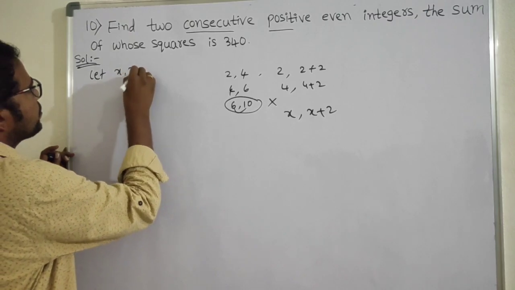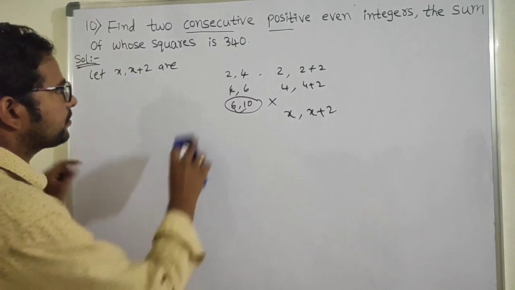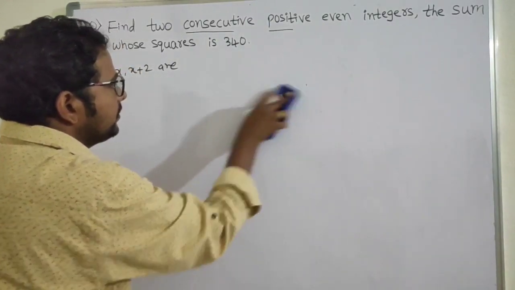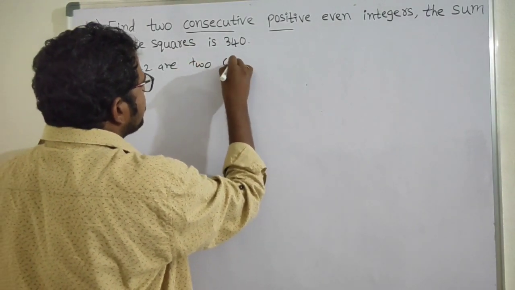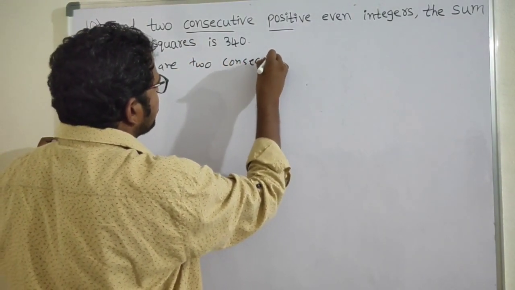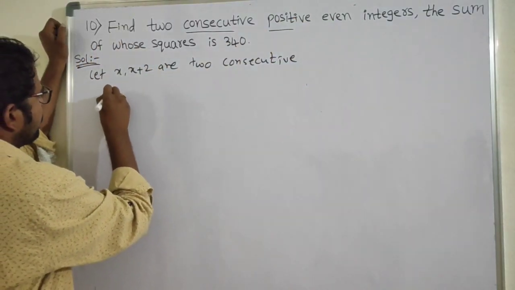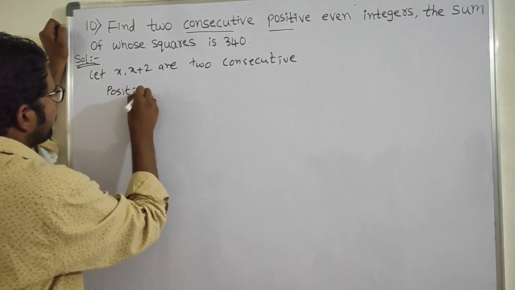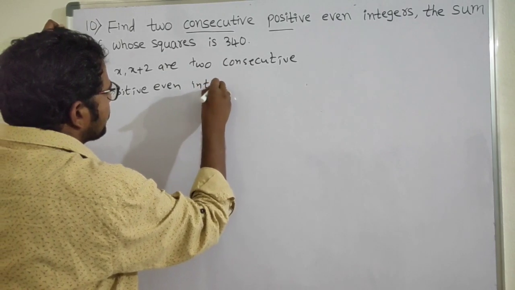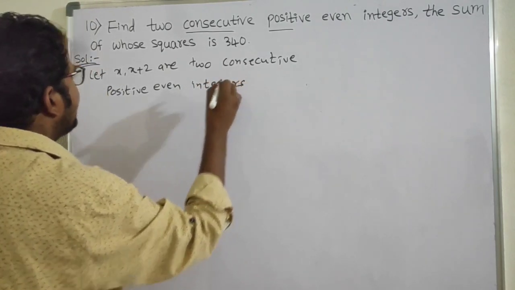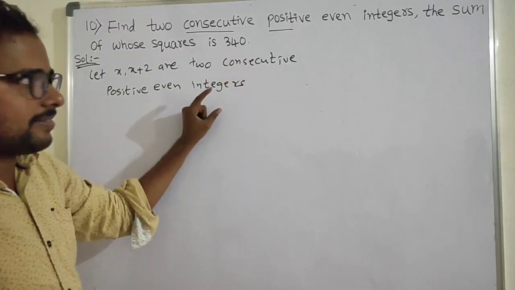Let x, x plus 2 be two consecutive positive even integers.